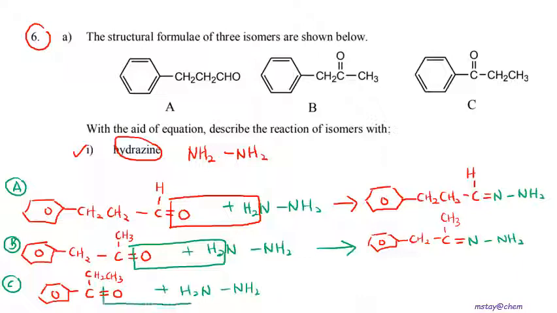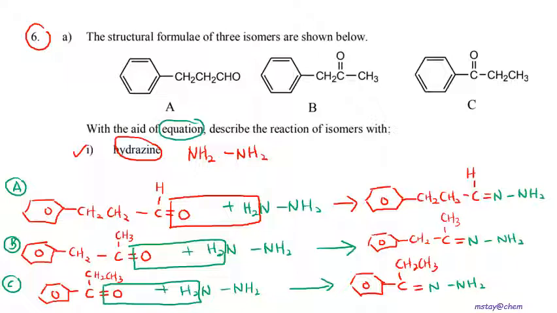So O from the double bond, and H2 from the hydrazine are removed. So we end up with this structure: CH2, CH3 double bond, and then connected to N and NH2. Okay, so the question asks us to write the equation. So don't forget, everyone, please add H2O as the side product.